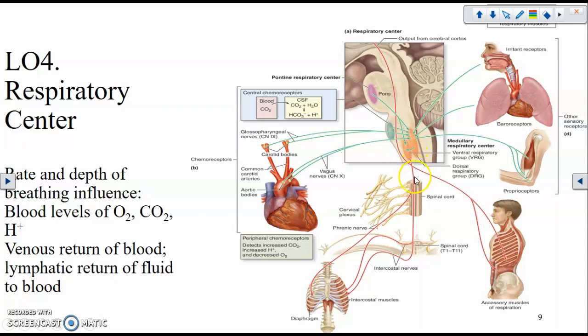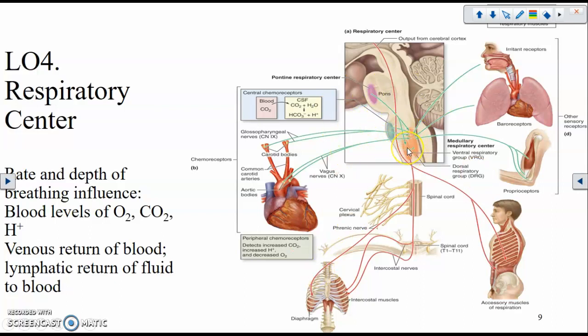When the inspiratory neurons fire, the intercostal muscles and the diaphragm contract, meaning inhalation. During the 3 seconds with no signal, the diaphragm and intercostal muscles relax. That is exhalation, which during quiet breathing is a passive process.